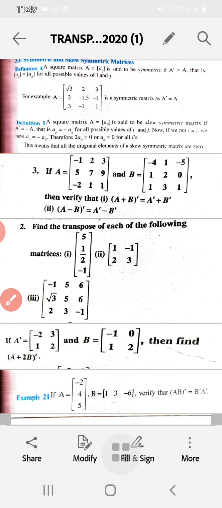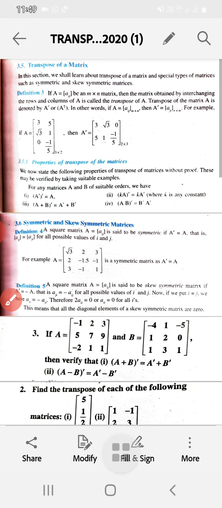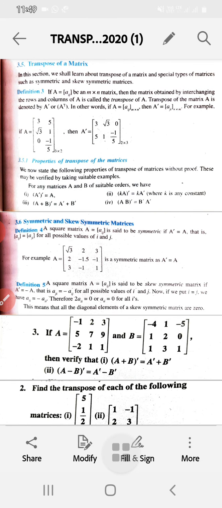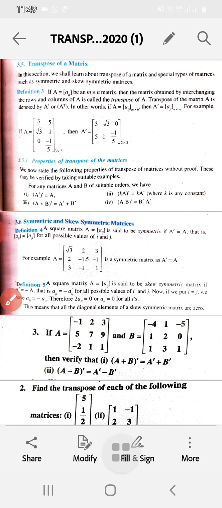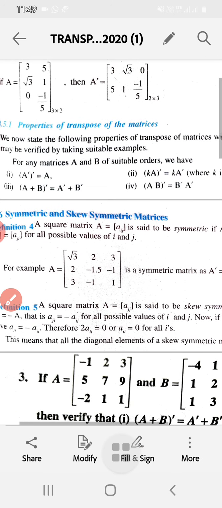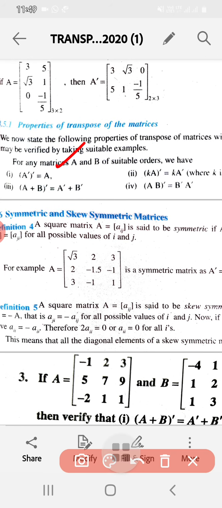Okay, so in this class I have covered the properties of transpose of a matrix. So what are the properties of transpose of a matrix? (A dash) dash is equal to A. Then we have worked out (A plus B) dash is equal to A dash plus B dash. Then (AB) dash is equal to B dash into A dash. Another property is (kA) dash, where k is a scalar, is equal to k into A dash.